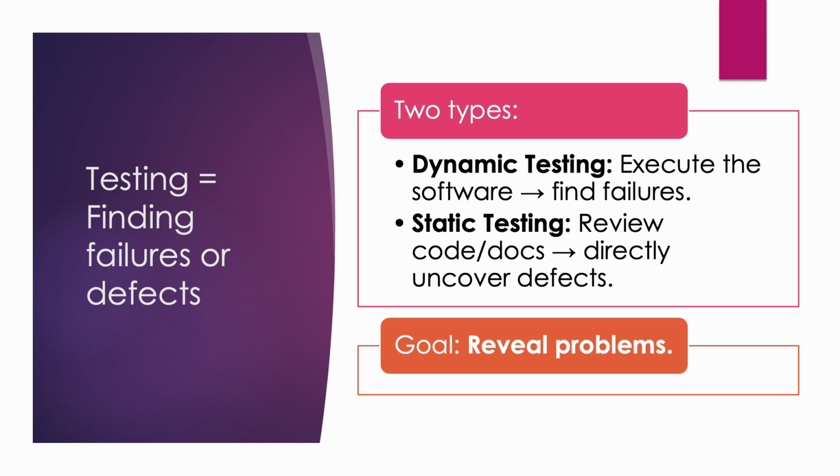Second, static testing. This doesn't involve running the software at all. Instead, you review documents, code, requirements, or test cases. Here, you can directly uncover defects before the product is even executed. So, in simple terms, testing's main goal is to reveal problems.